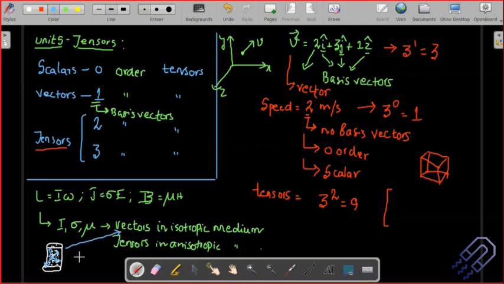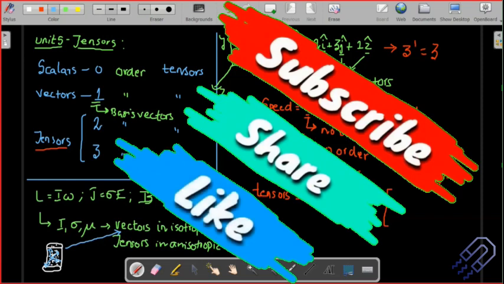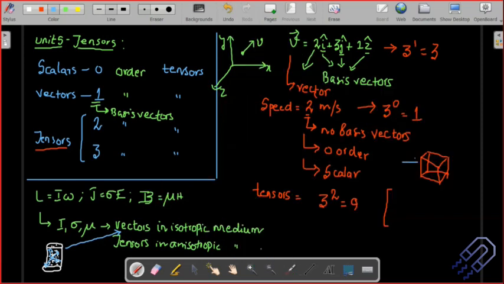But in general there are a lot of cases where the property might not be the same. If I take this example of a box, and you are applying some kind of pressure or force along this direction, this box is going to get deformed.